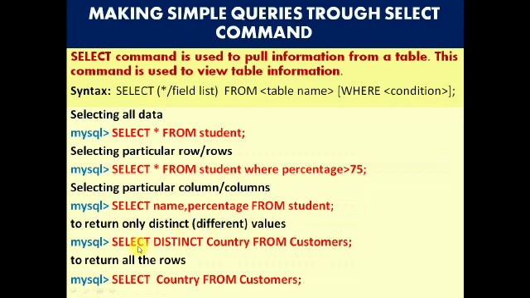See in this example we have written select distinct country from customer. Now what will happen? It will display the country name only once. Suppose in the first row the country name is Mumbai, and in the second row again Mumbai, it will display Mumbai only once. So it will display the values of the country column from that table but not the repeated values. It will display one value once.